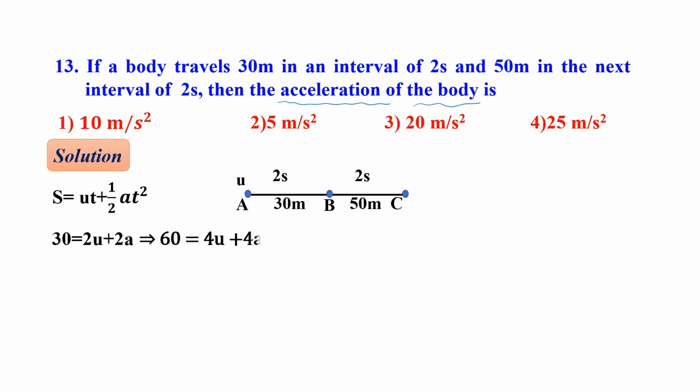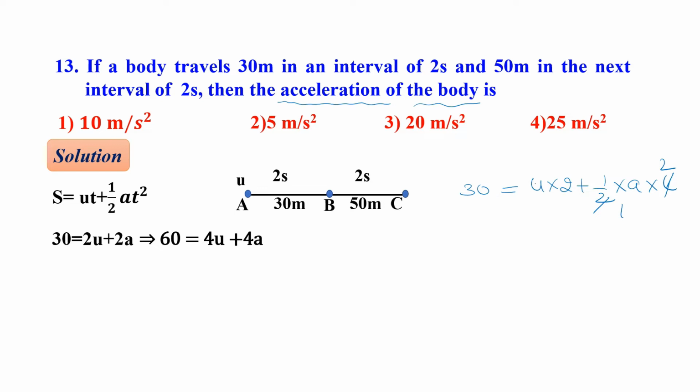Substituting first 30 meters: 30 equals u into, in place of t, the interval of 2 seconds, so u into 2 plus half a into t square, nothing but 4. 2 ones are 2, 2 twos are 4. So 30 equals 2u plus 2a. Next, for our convenience, we are multiplying with 2. That is 30 into 2, 60.